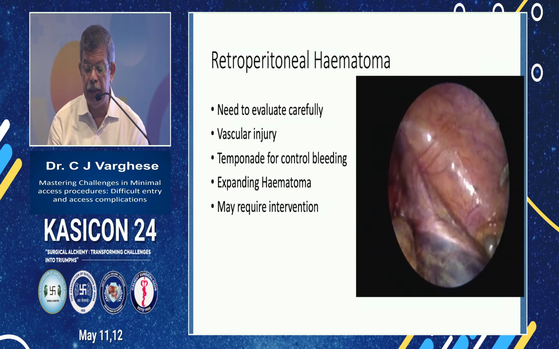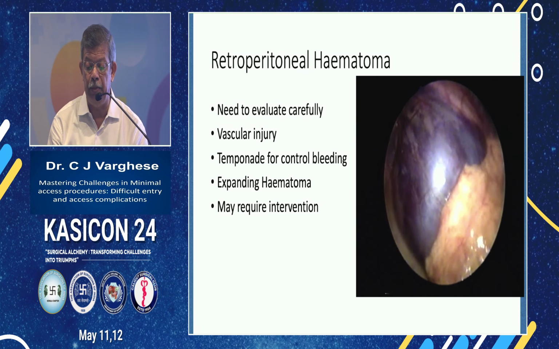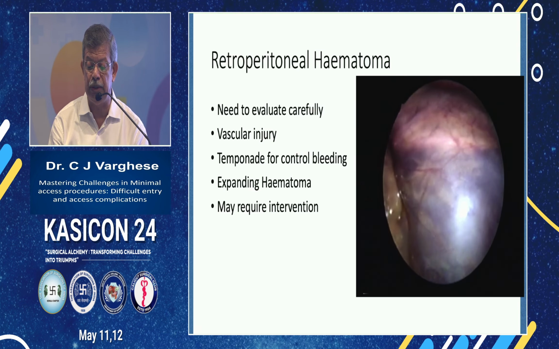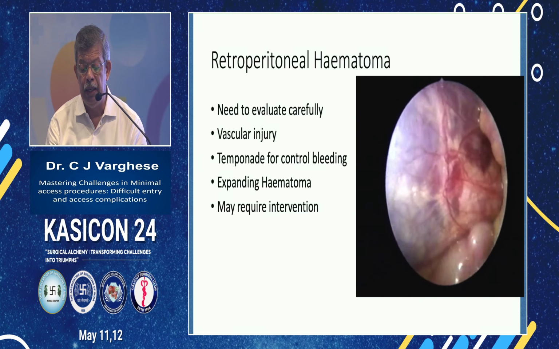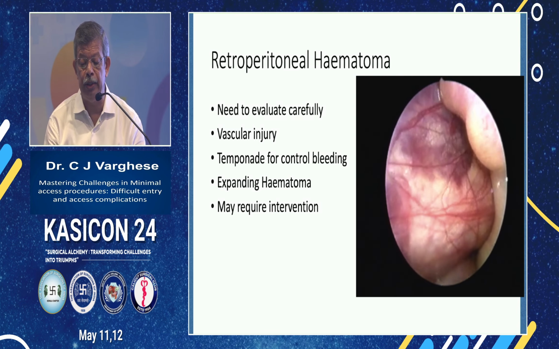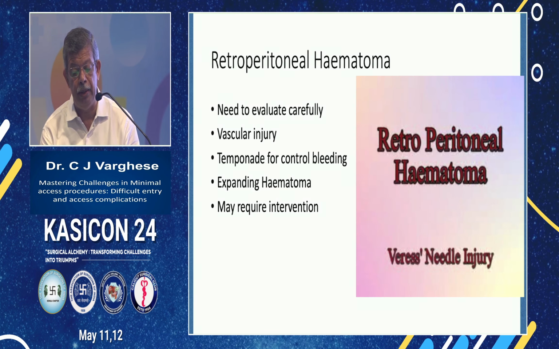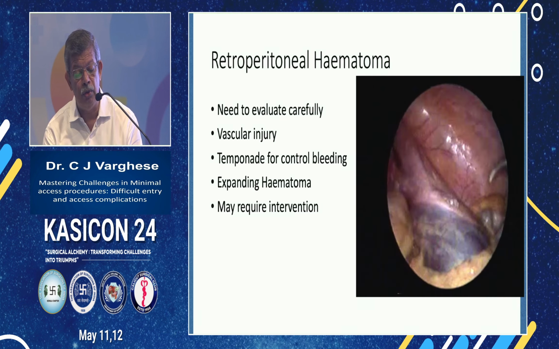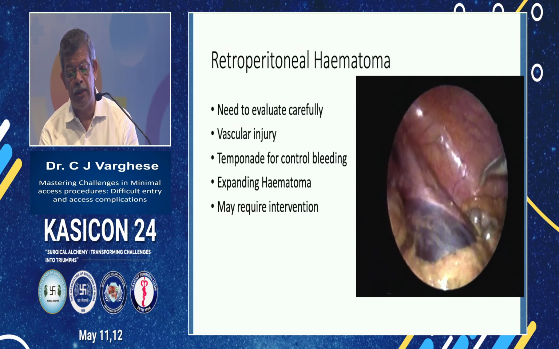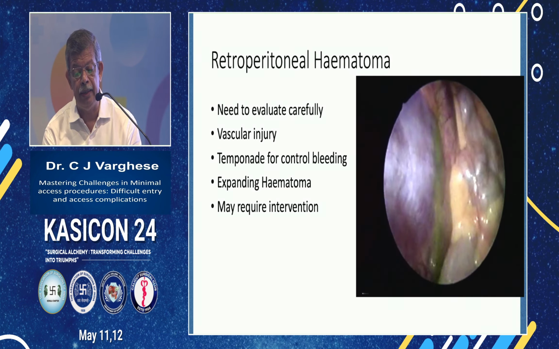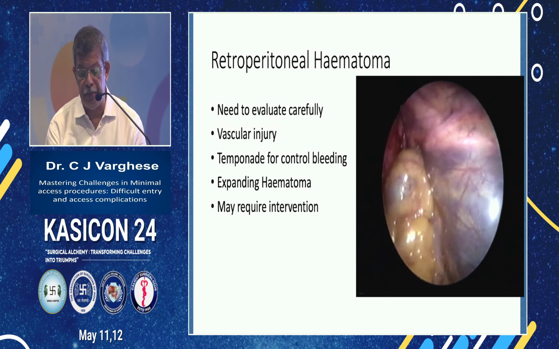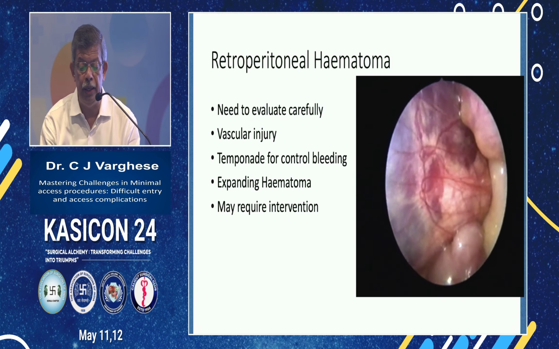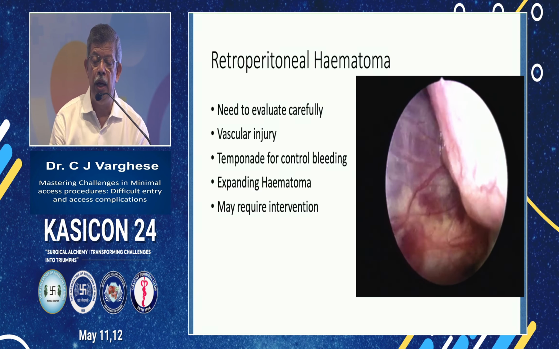And here, a hematoma, you see a big hematoma. Here again it's a tricky situation. You don't know what is underneath it. Sometimes it may be a very minor injury, you can leave it alone, but sometimes there will be a bigger injury. So we need to explore it if it is expanding, and then make a repair. Usually we get a call from the gynecologist.